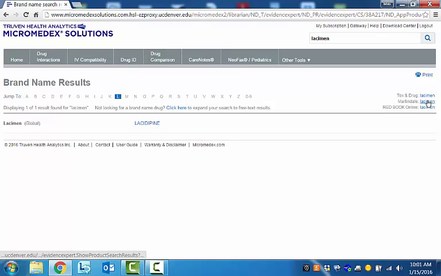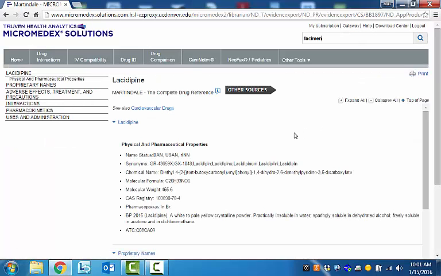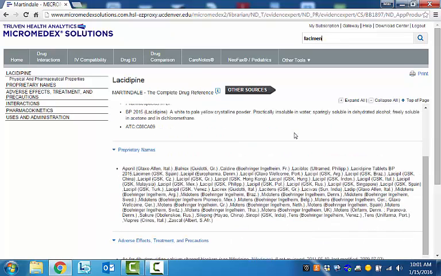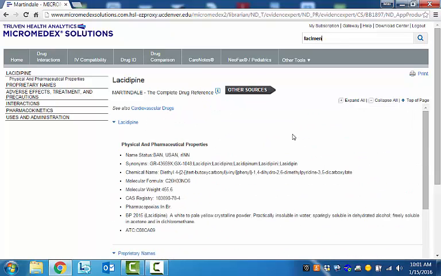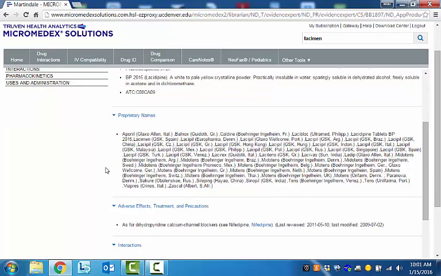So I'm going to choose this Martindale's Lacomed. Again, I choose the related documents, lacidipine, and it brings me to Martindale's. I can see that it's under cardiovascular drugs, lacidipine, and the proprietary names. Martindale's here is organized alphabetically by brand name, and it will tell you the company and then the country of origin.